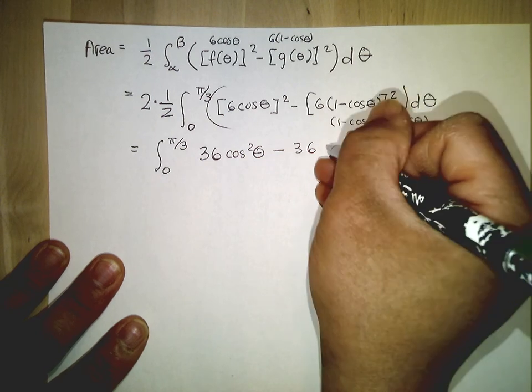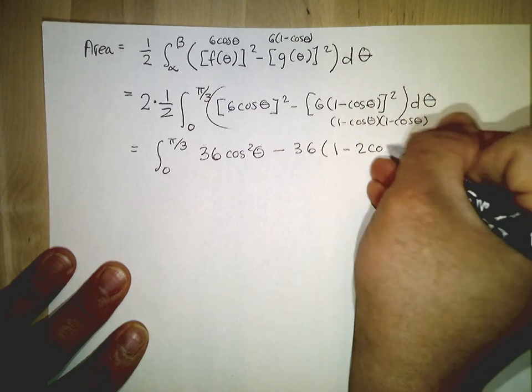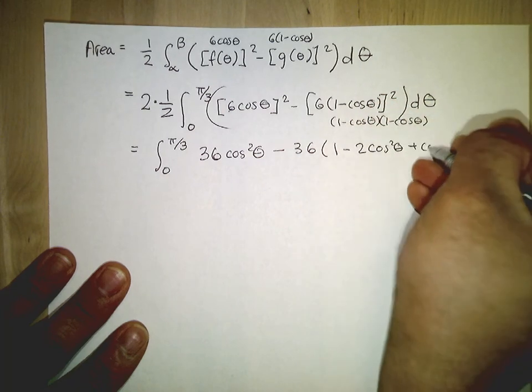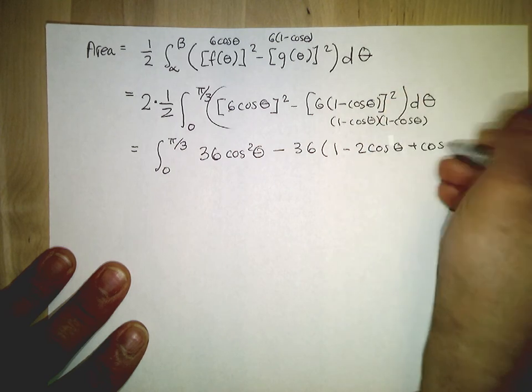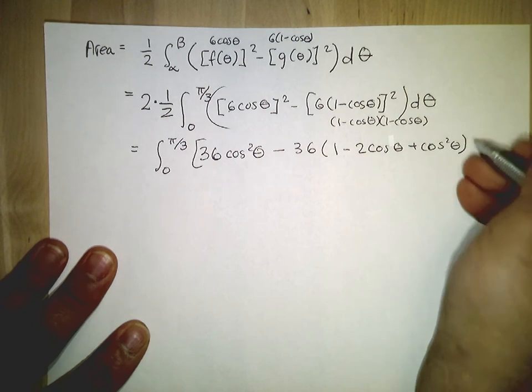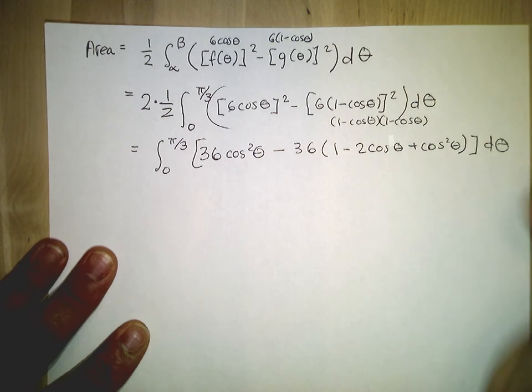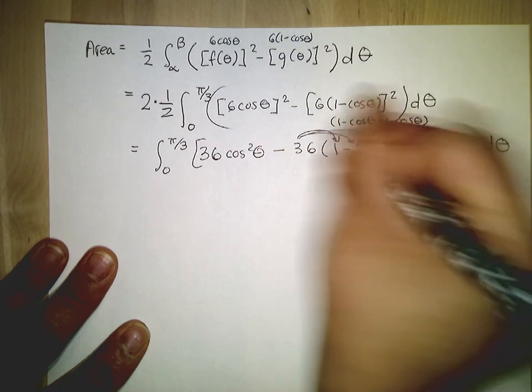All right, so 36 times 1 minus 2 cosine theta plus cosine squared theta, and then d theta.